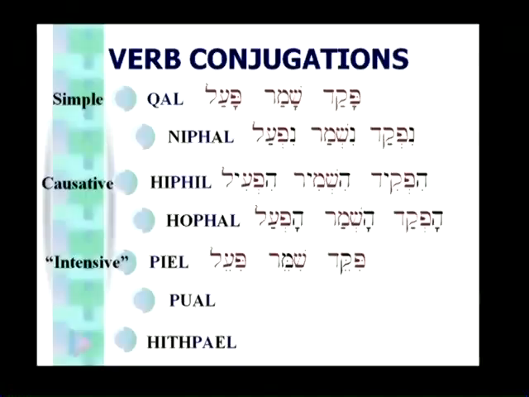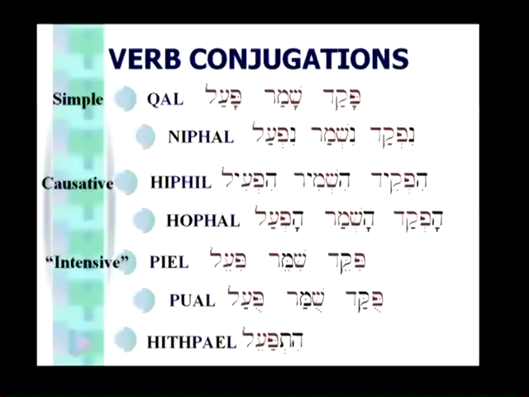Piked, he visited. We already had diber, he spoke, which is a pi'el. Kidesh, he sanctified, or he was holy in the pi'el. The pu'al is the passive. Pu'al, shumer, pukad. Notice the vowels are the same as in the name.